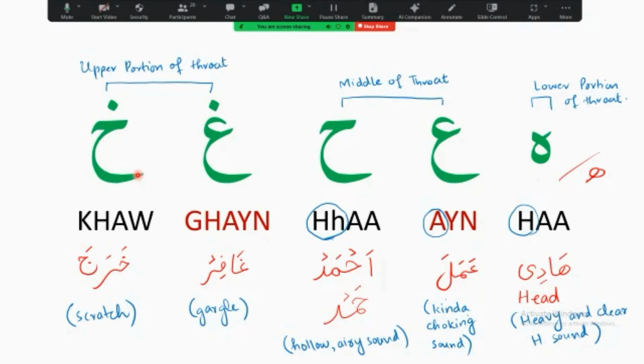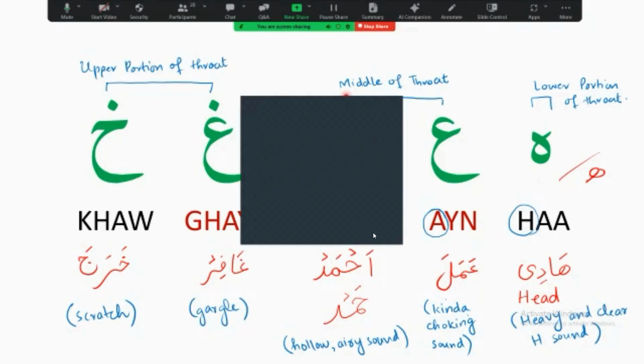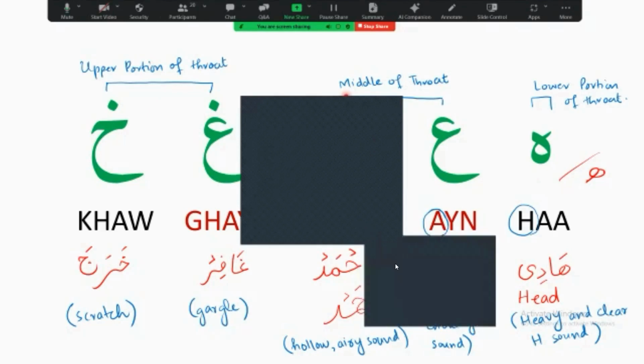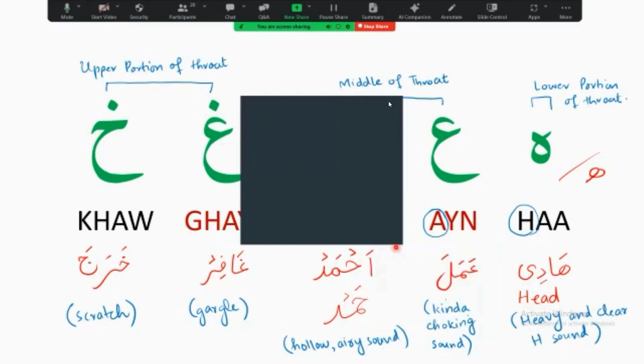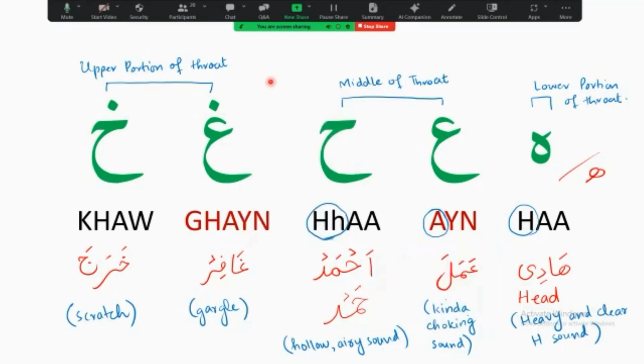Okay, so I hope that this is a bit clear to you, and I can change the settings so that you can speak as well, and then you can read aloud the letters that we did yesterday, inshallah. Or if you want to ask anything, you can do that as well.